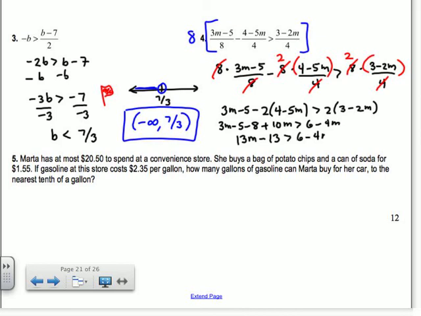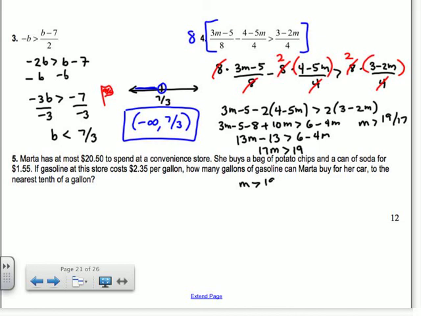Is greater than 6 minus 4m. I'm going to add my 4m over so I get 17m on the left. And I'm going to add the 13 over so I get 19. So I end up with m is greater than 19 over 17. So not a very nice number, but it works. So m is greater than 19 over 17.